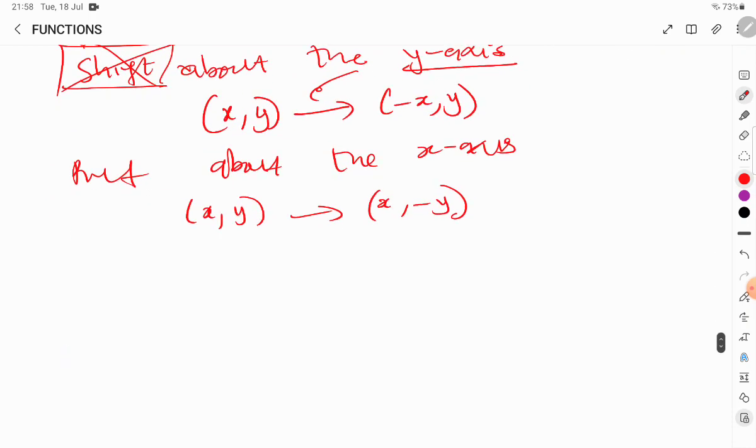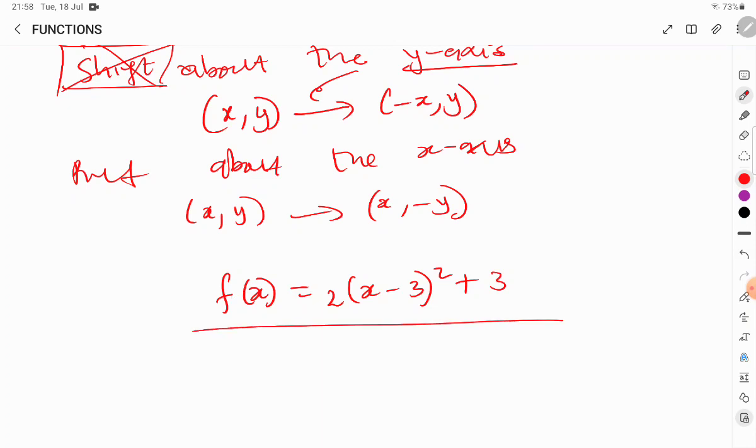Let's take a quick example. You have f(x) equal to 2(x minus 3) squared plus q. Let's have a value for q, say 3. If you want to reflect this graph about the x-axis, your new graph becomes minus y is equal to 2(x minus 3) squared plus 3.